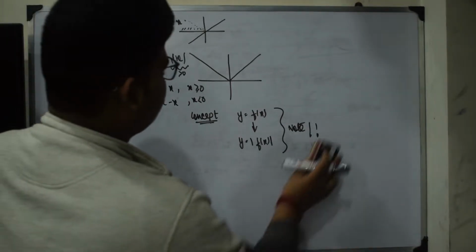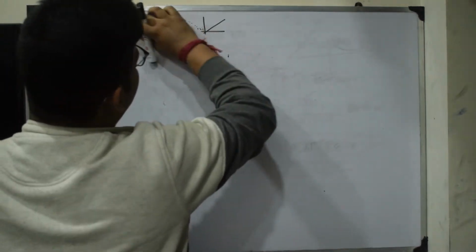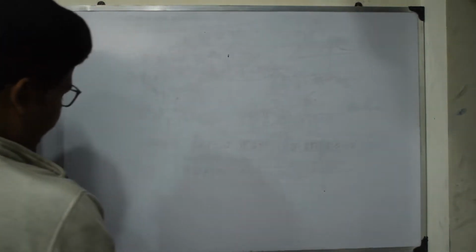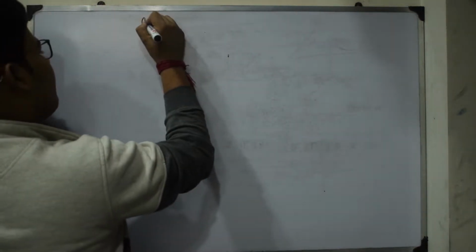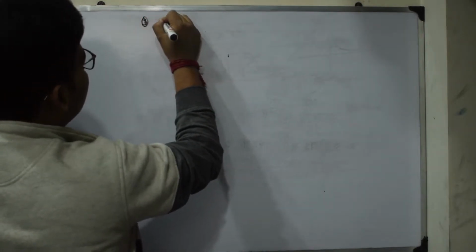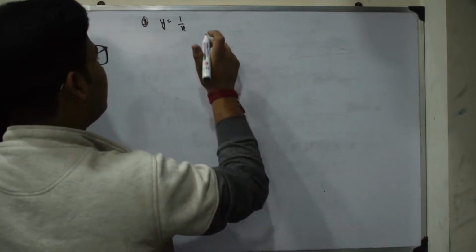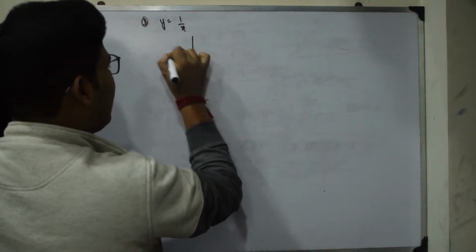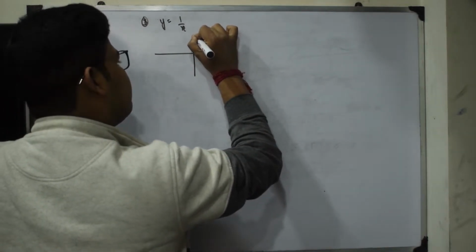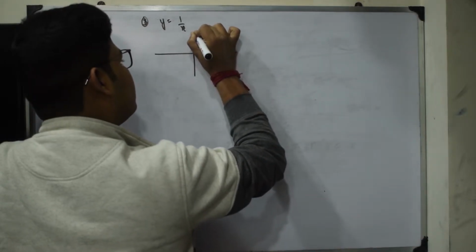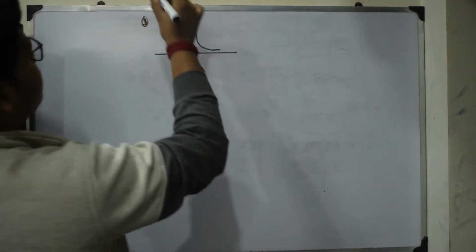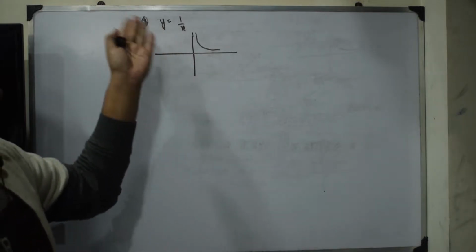Now moving on to the next graph, which is y equals 1 by x. This is nothing but a rectangular hyperbola. I guess everybody has read the concepts of directly proportional and inversely proportional. So we can call this inversely proportional.